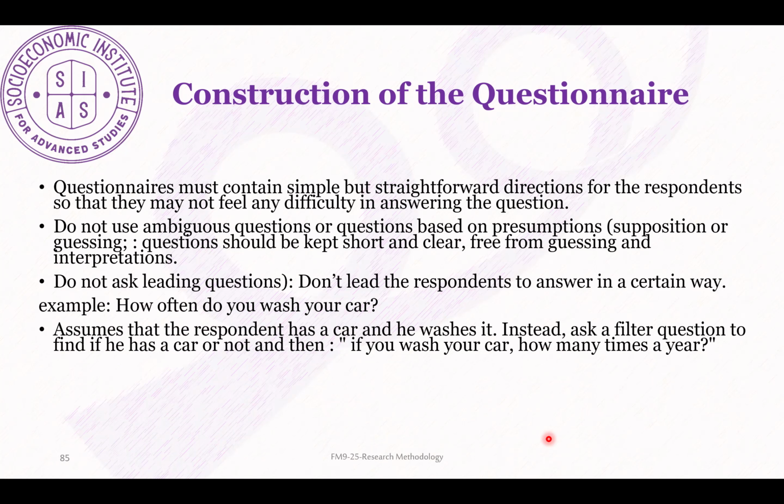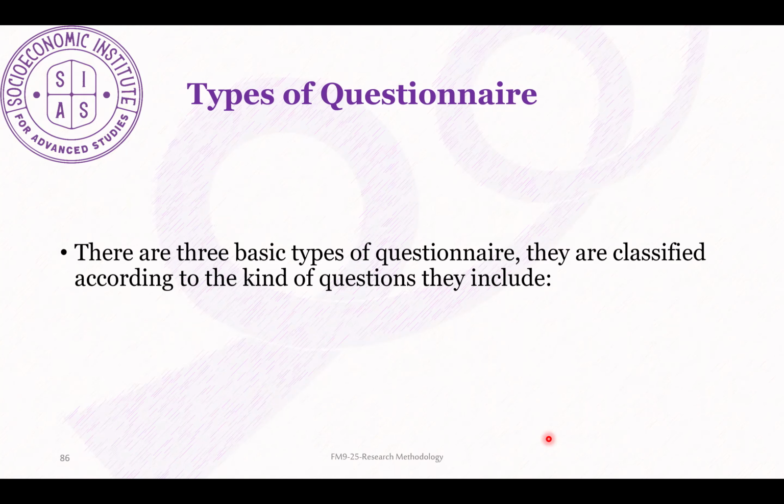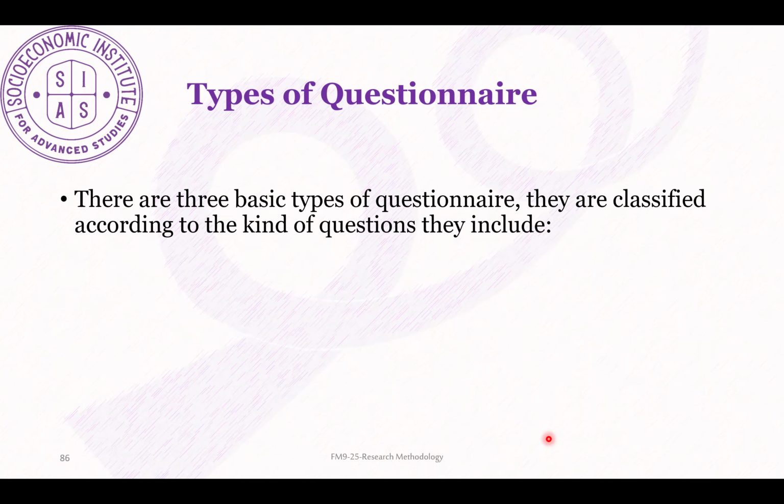Otherwise we assume that the respondent has a car and washes it, instead of asking a filter question and finding out whether he or she has a car or not. If you wash your car, how many times a year, for example? So again, these questions need to be really filtered so that we can come up with good answers and good results.